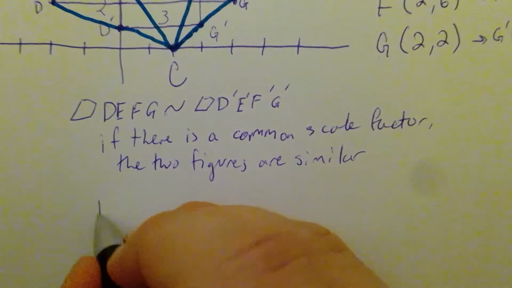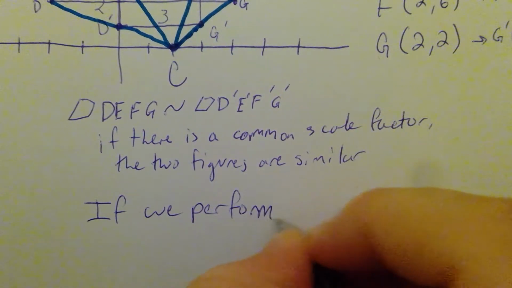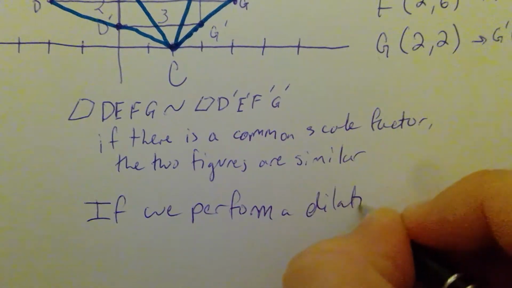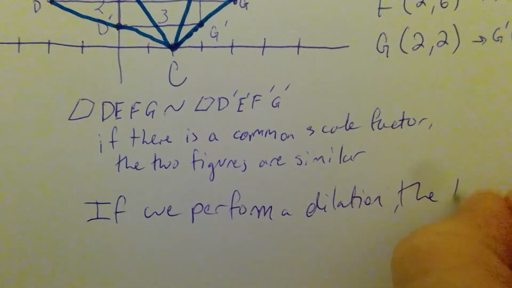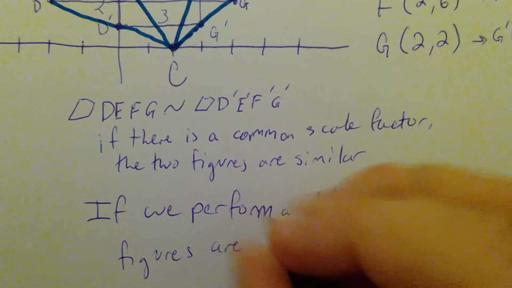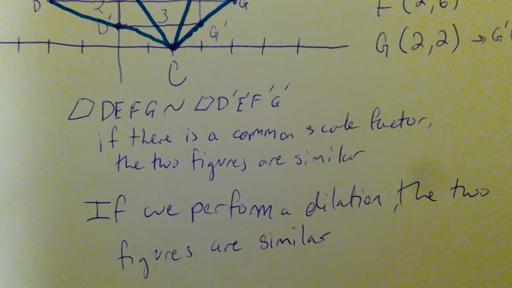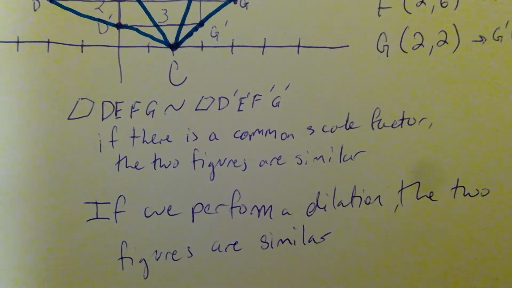Okay, I'll say it again and I'll write that down. If we perform a dilation, the two figures are similar. Okay, now you have a few questions to answer about similarity.